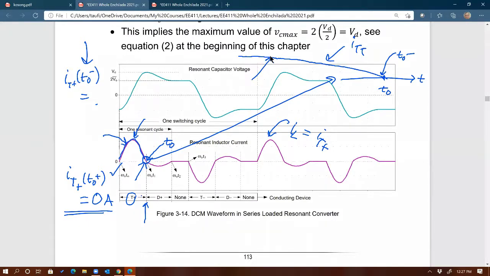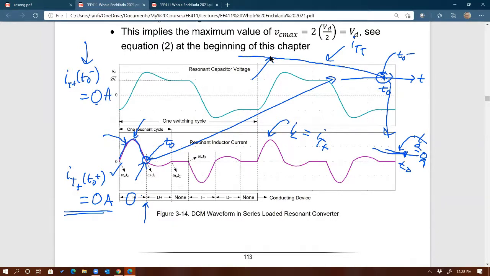So at T0 minus, if you keep zooming in, right before T0, you can see that T0 minus is basically 0, right there. You agree with that? Anybody disagrees with that? So I know that because it follows a sine wave, right before T0, meaning T0 minus, the current is going to be very, very close to 0, right there.